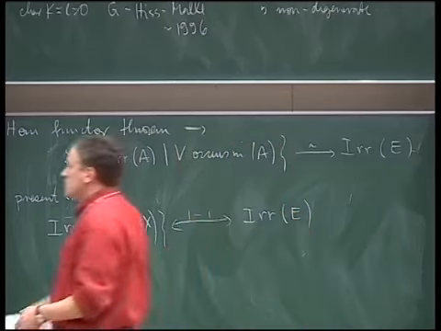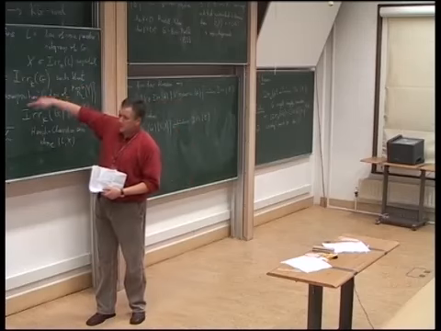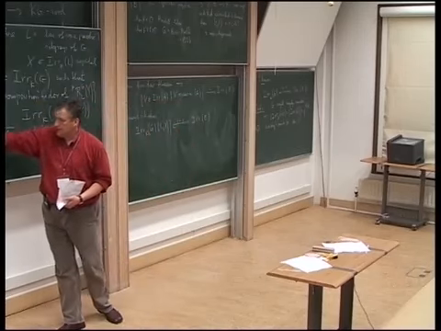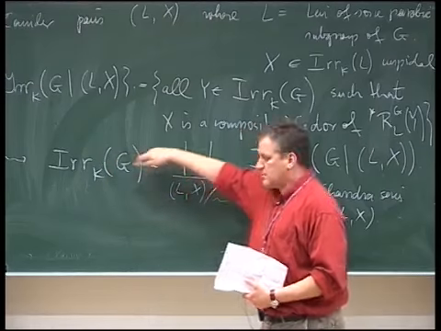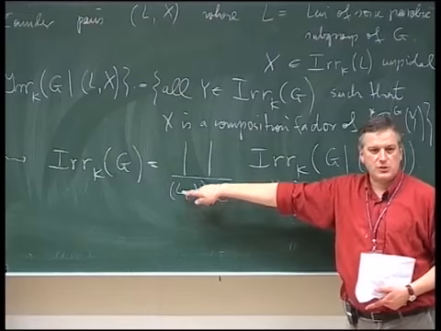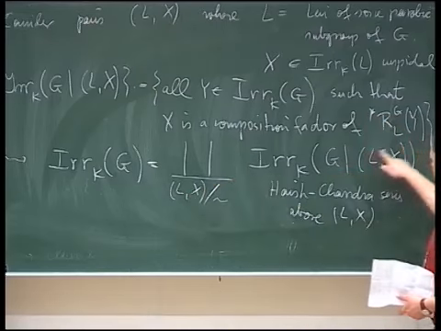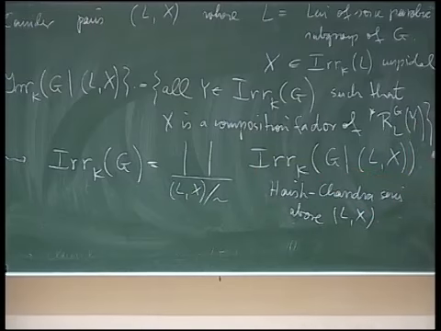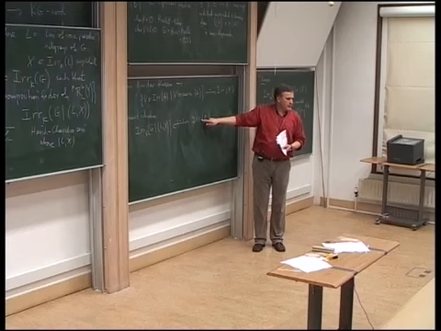The situation is not as simple in this case. Here we first have to cut this big set into these pieces indexed by cuspidal representations of Levi subgroups, but then each such piece is again in bijection with the irreducible representations of such an endomorphism algebra.